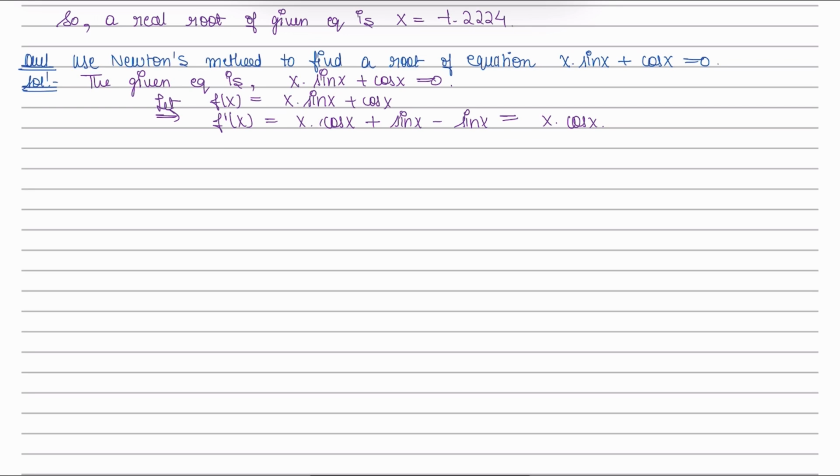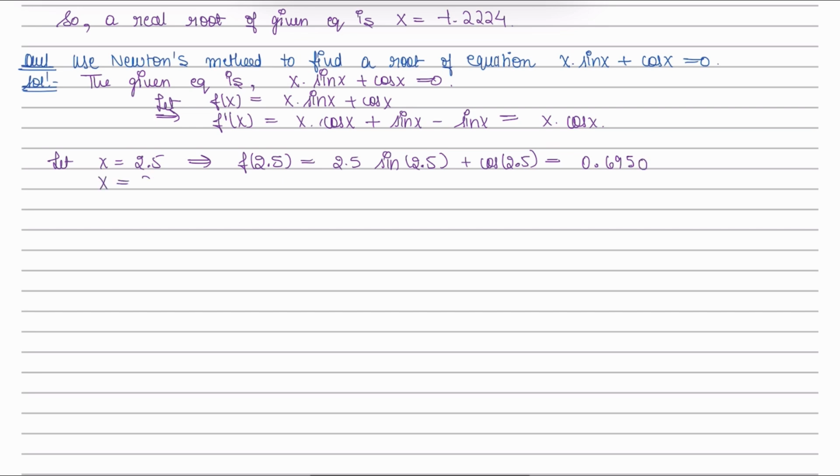Since we have to find out where the intermediate value property will hold, letting x equal to 2.5, the function value at 2.5 be 2.5 into sine of 2.5 plus cos of 2.5, which is equal to 0.6950.